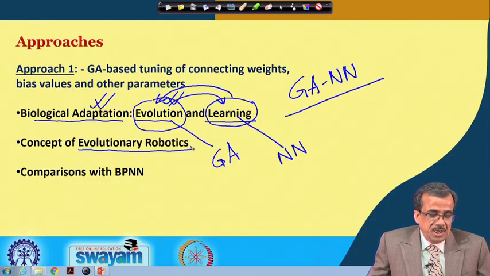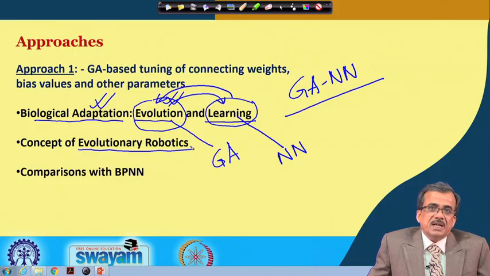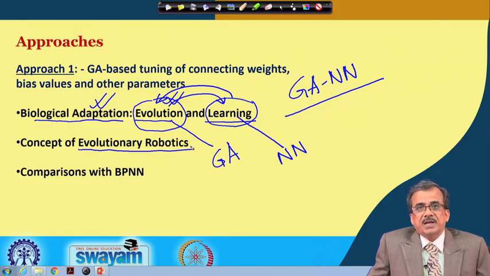In evolutionary robotics, the main aim is to evolve a suitable motion planner or adaptive controller instead of going for the direct design of the controller or the motion planner.